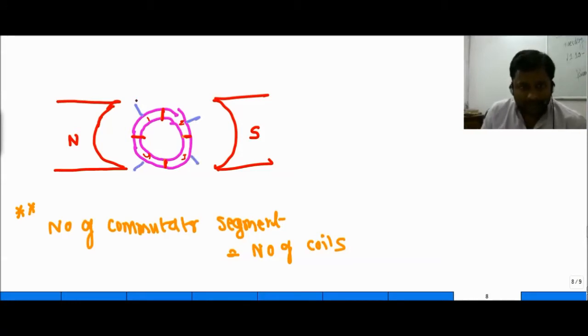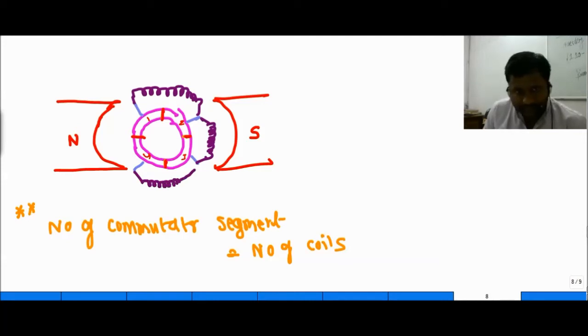So we have to put the windings. This is one winding like this, this is another winding, this is another winding, and this is another winding.